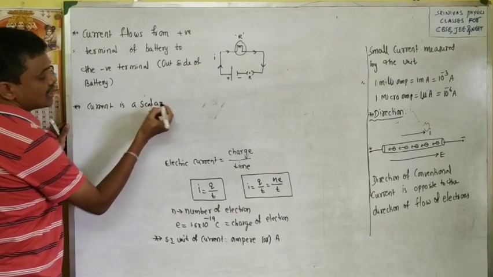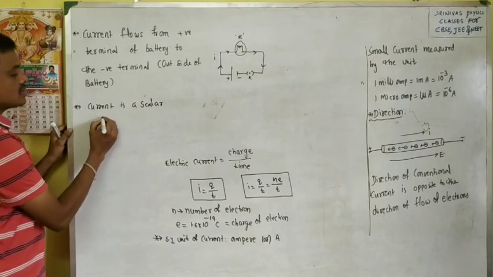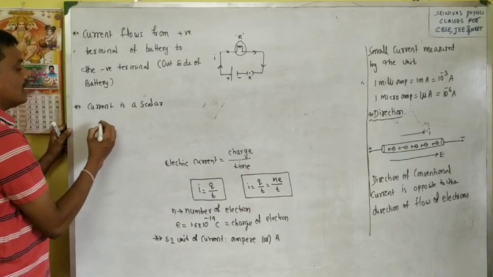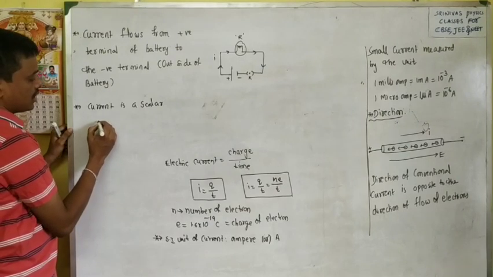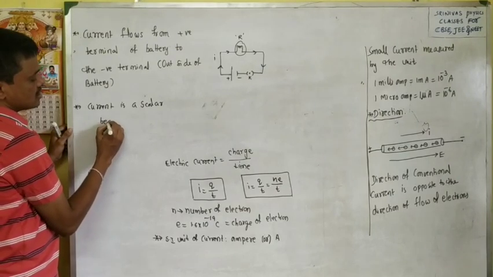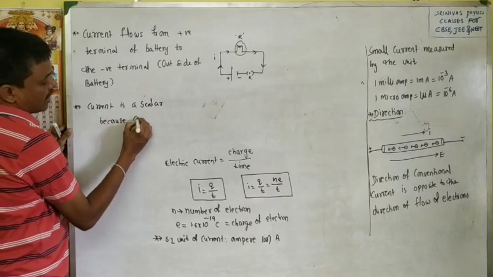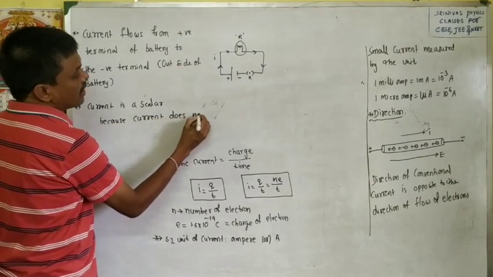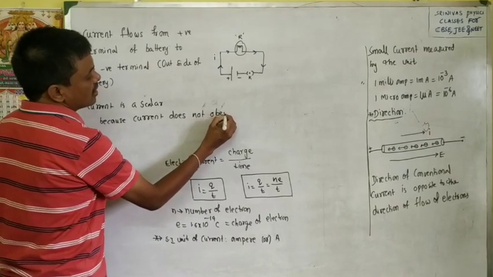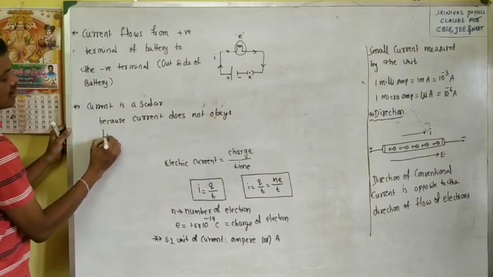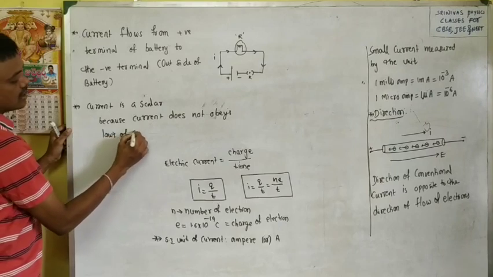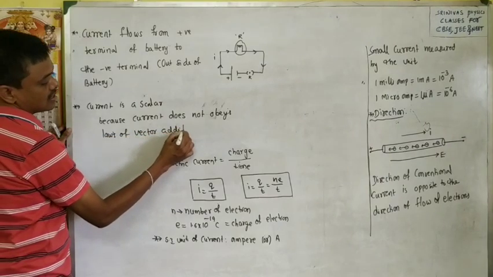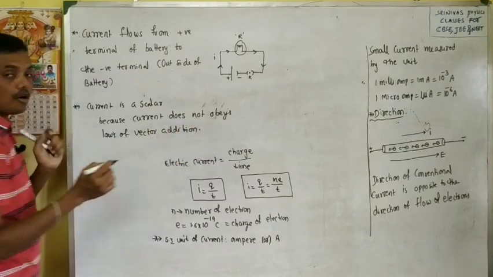Current is a scalar because current does not obey the laws of vector addition. Do you know the laws of vector addition? Yes: parallelogram law, triangle law, polygon law.